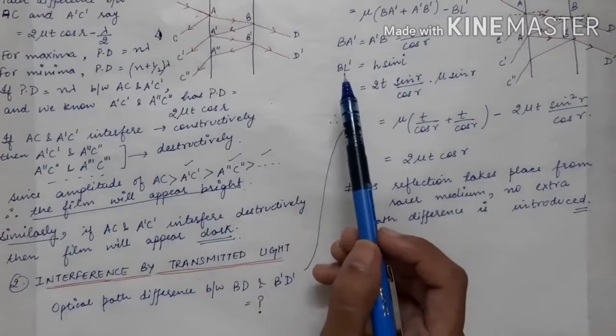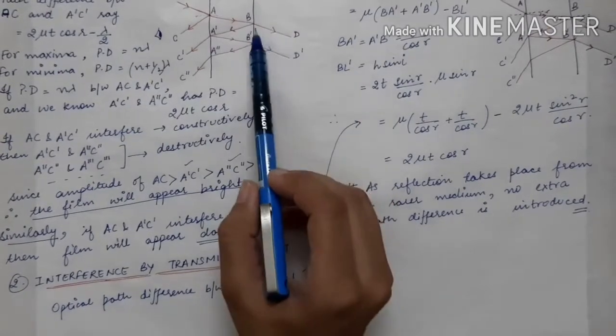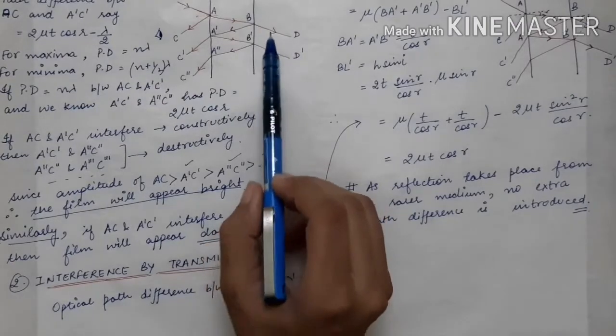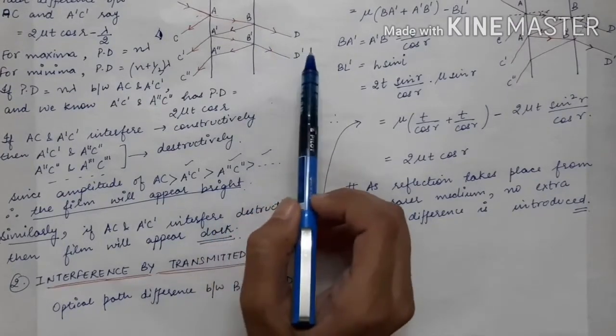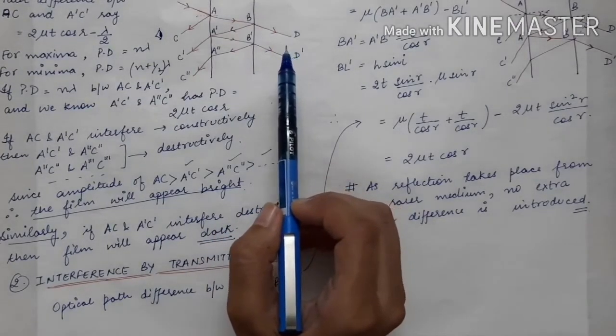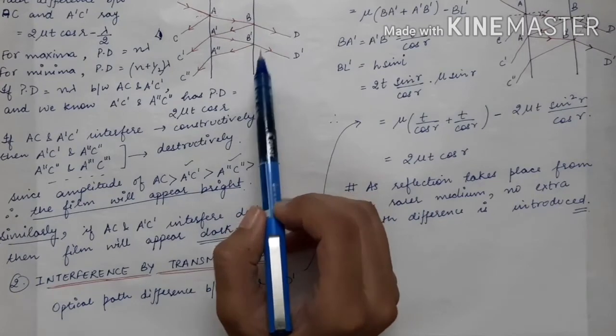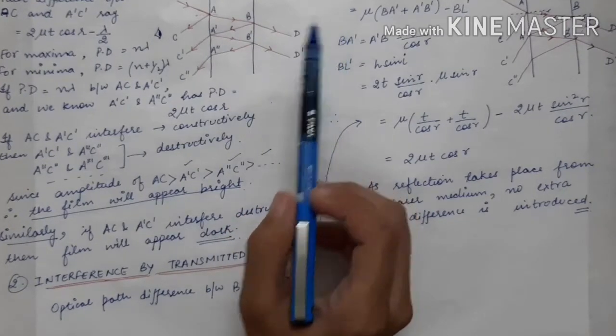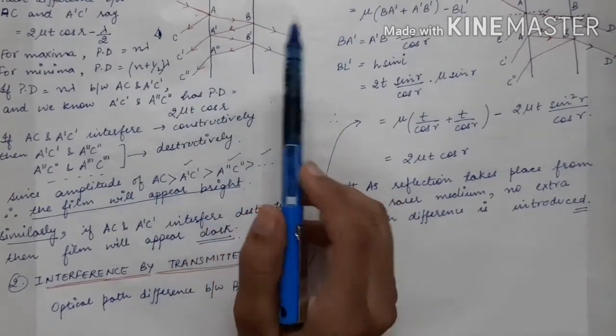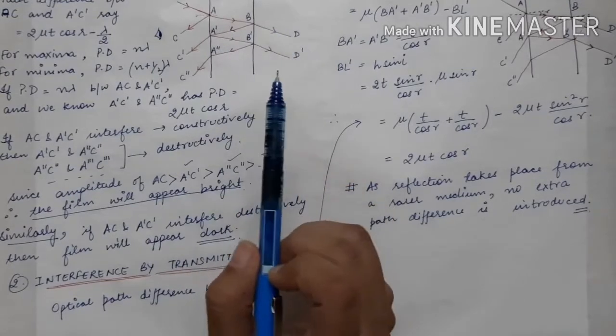The procedure for finding the type of interference between the transmitted rays is the same. First we find the optical path difference between the two rays, and then we equate that optical path difference to n lambda for maxima, and to n plus half lambda for minima.